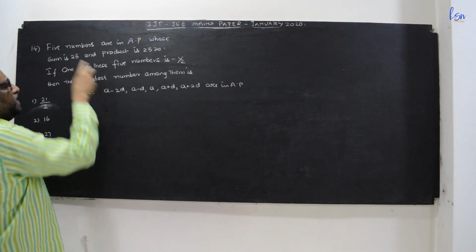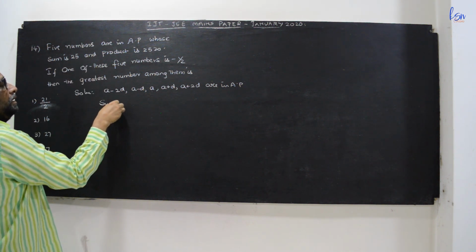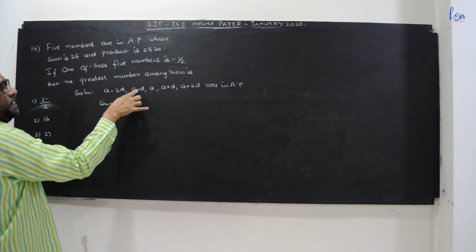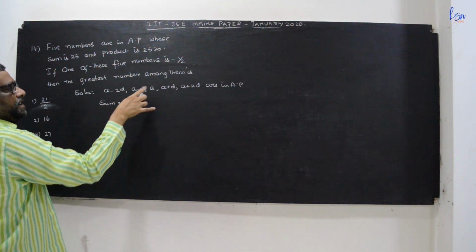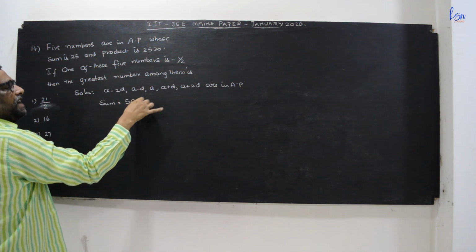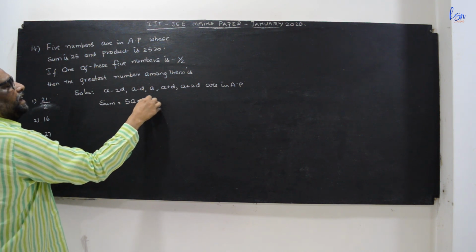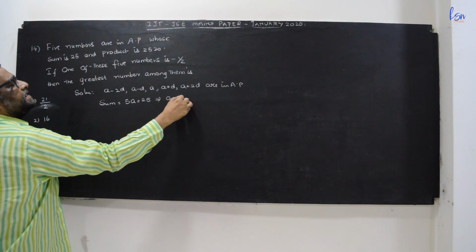Sum of the numbers is 25. They sum a minus 2d plus a minus d plus a plus d plus a plus 2d. Minus 2d plus 2d, d and d get cancelled, sum will become 5a is equal to 25. Implies a is equal to 5.